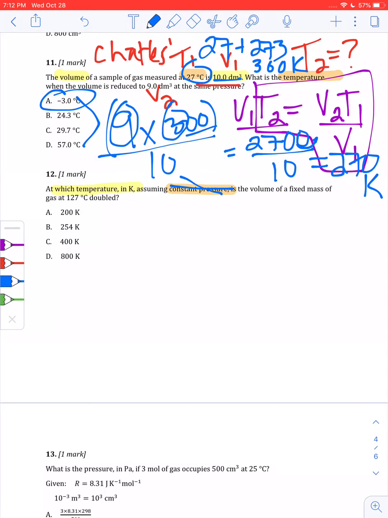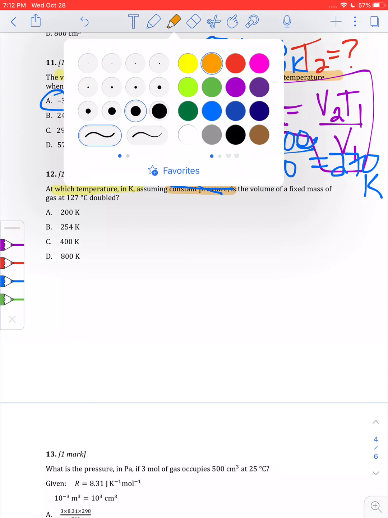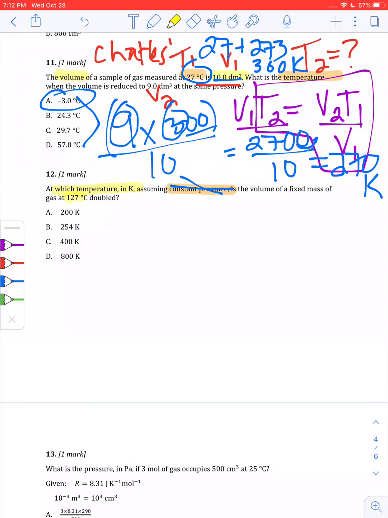So at which temperature in Kelvin, assuming constant pressure, is the volume of a fixed mass of gas at 127 degrees Celsius doubled? They've given us a temperature here. I'm going to label that T1, because that's originally the temperature. I'm solving for T2, because it says which temperature in Kelvin.